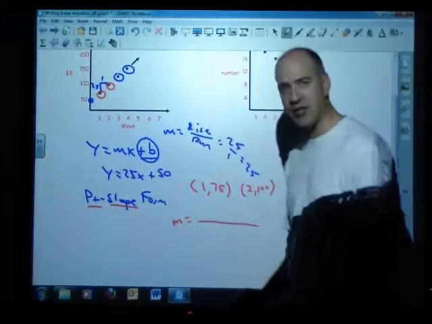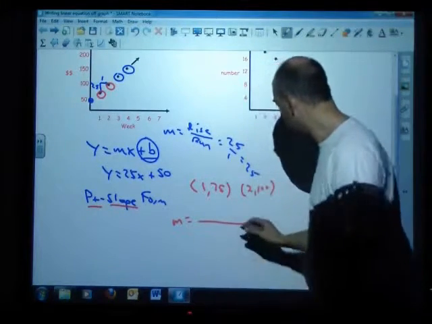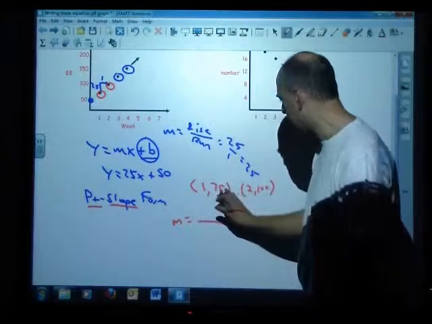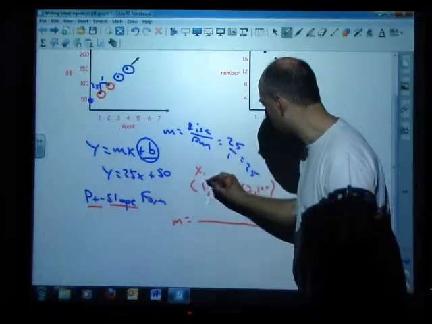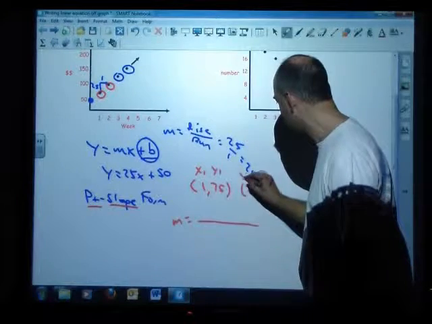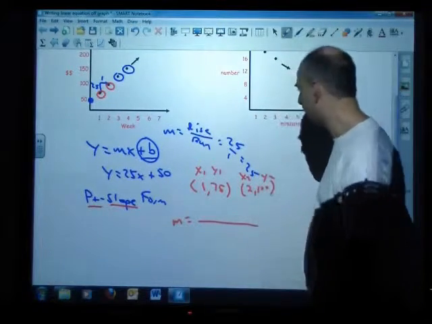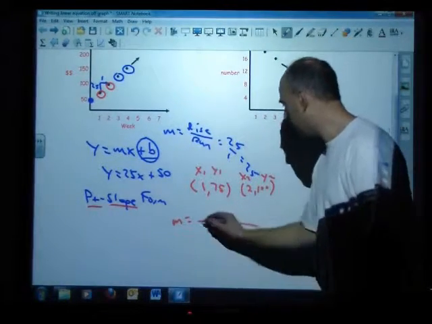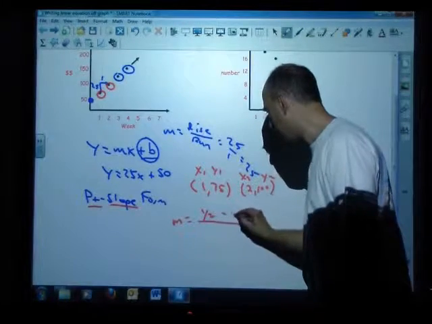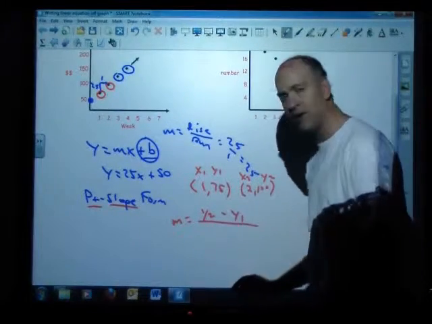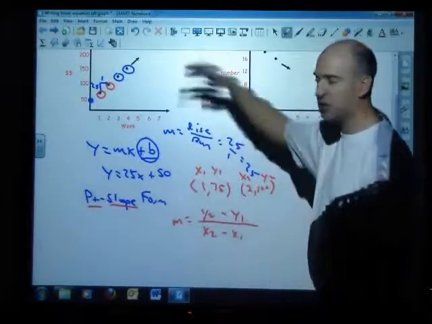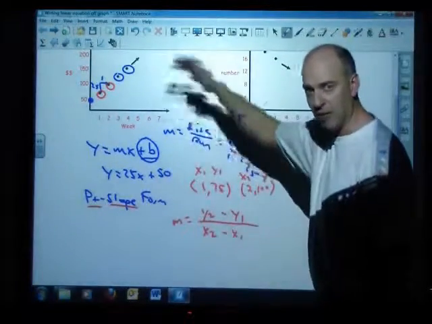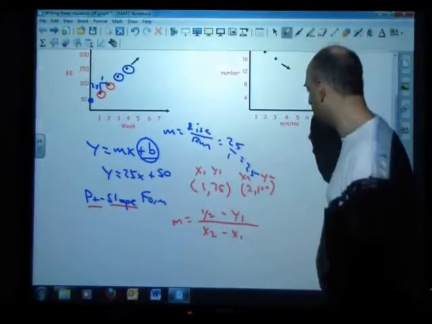You've probably done this 1,000 times in high school, but it's the difference of the y values divided by the difference in the x values. So if this is our first point, we call it x1, y1, x2, y2, and the formula says take the difference of the y's, y2 minus y1, and divide by the difference in the x's. You're finding the amount of change in the y variable, the money, compared to the change in the weeks.